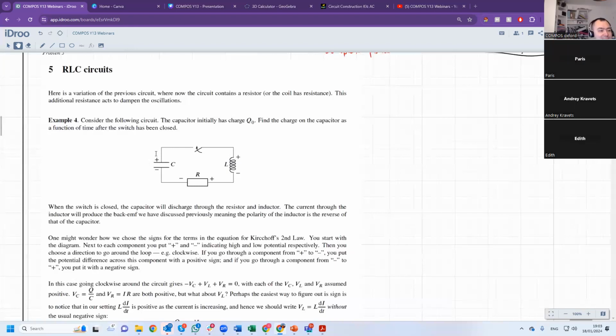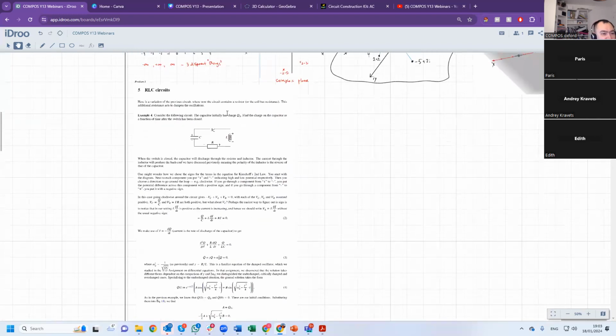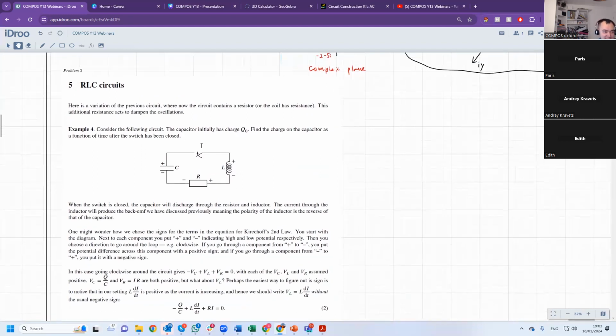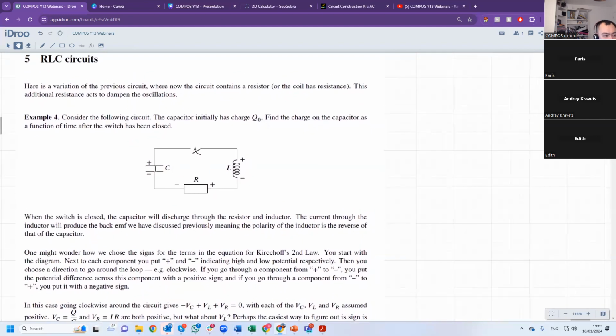Okay. Yes, I have a few more minutes to talk about RLC circuits. So let's have a look at this simple circuit. We have a capacitor that is charged, and we close the switch, and we start.